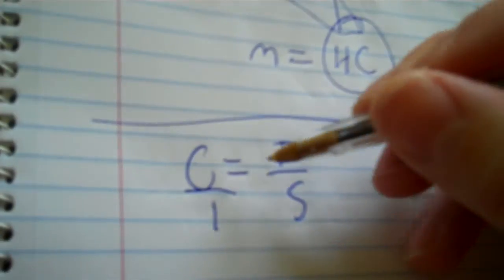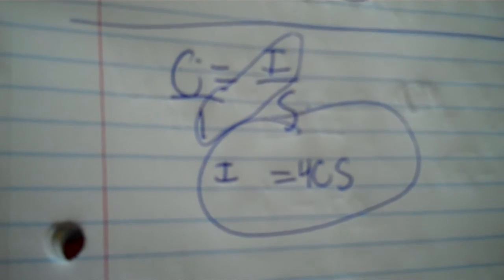Alright, now put a 1 under the c, and you got to get the I by itself, so it's pretty easy. You take your I times 1, and that's just I. And then c times s is cs. Now, with that 4 ducts, you just put a 4 in front of the cs, okay? Because it'd be times 4.